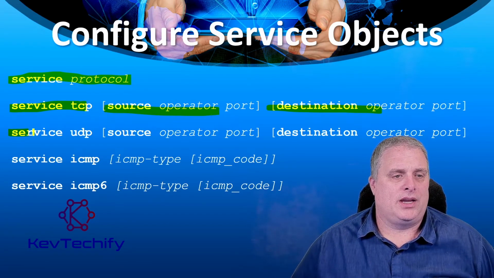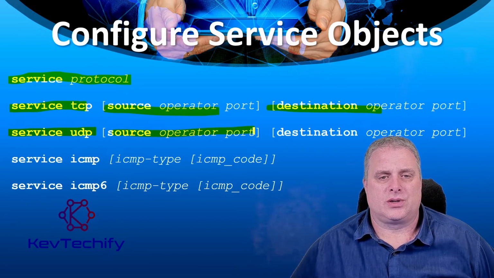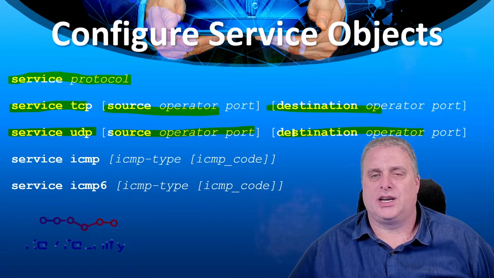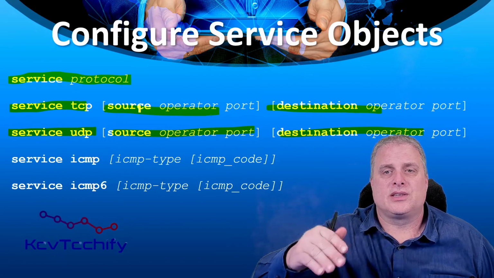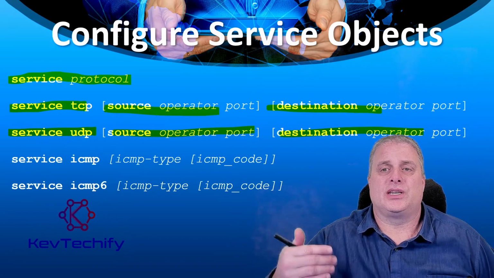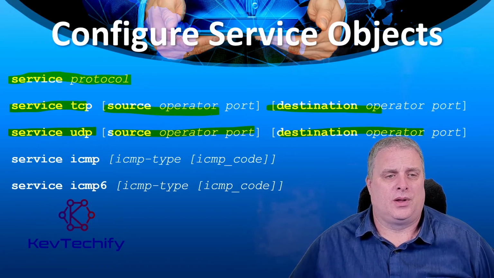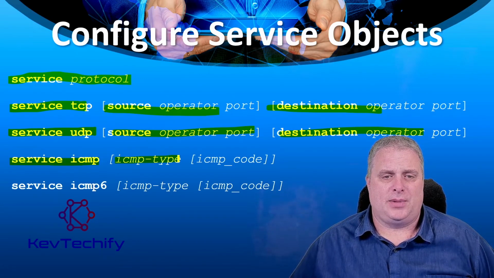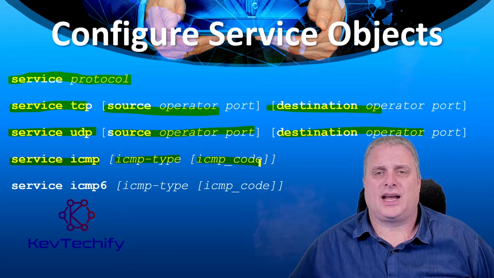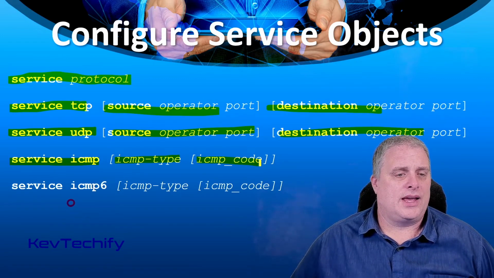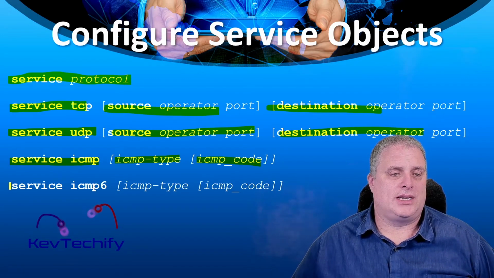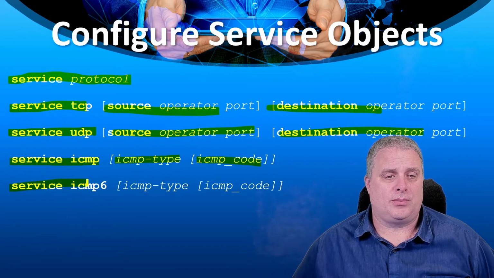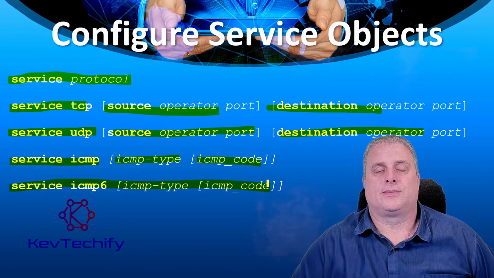We do the same thing here for UDP. We put our source operator port, our destination operator port, and once again this specifies that the service object is for the UDP protocol. We can also do ICMP, where we specify the ICMP type and optionally specify an ICMP code. And lastly, along with ICMP version 4, we can also do ICMP version 6.